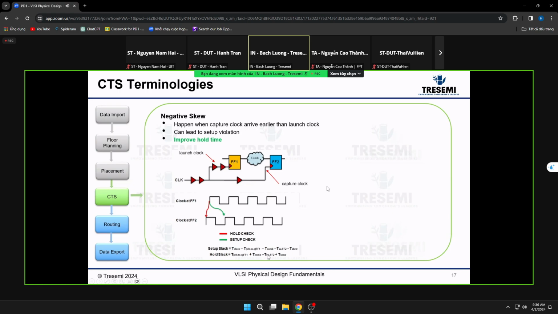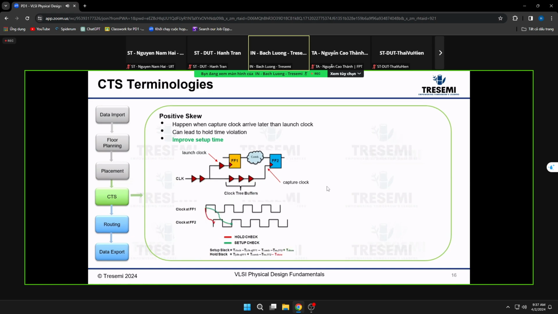Remember your formula here. The key takeaway from this slide is that negative skew improves hold time but is bad for setup. Positive skew is good for setup but bad for hold. So you have to balance between the two.